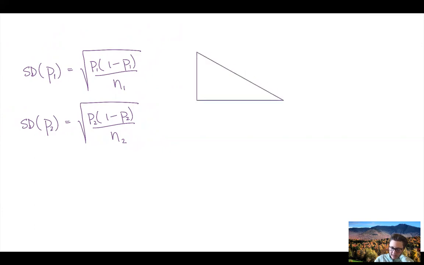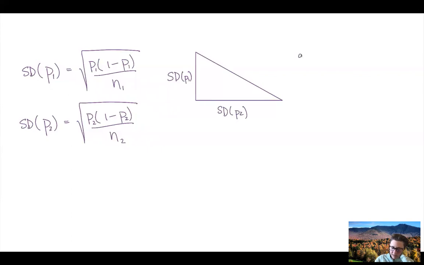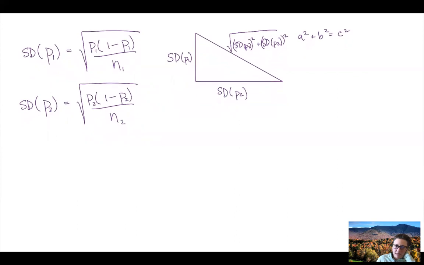So we're going to say if this side represented the standard deviation of P1, this one is P2, then this one here would have to be, if you think about a squared plus b squared equals c squared, the square root of the standard deviation of P1 squared plus the standard deviation of P2 squared. So let's use that and derive the formula for the standard deviation of P1 minus P2.